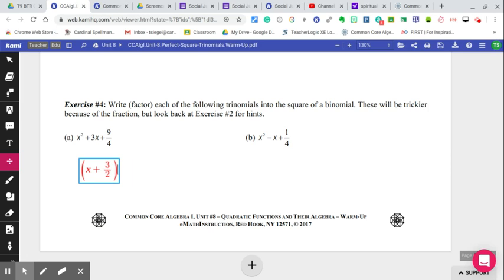This is x plus 3 over 2, and you can use the slash button to get those nice fractions. Which is x plus 3 over 2 squared. Oh, I did it again. Squared.